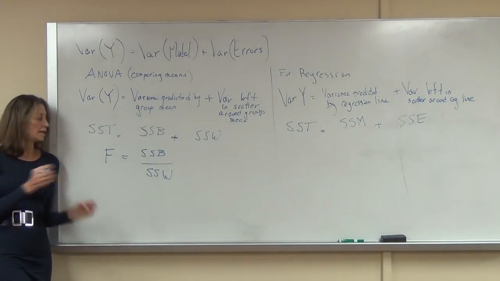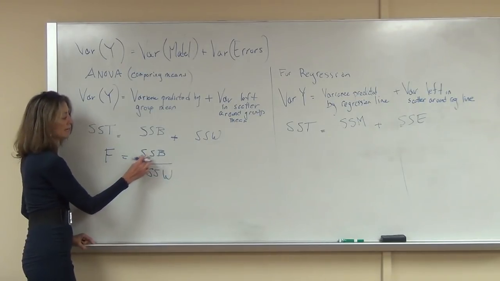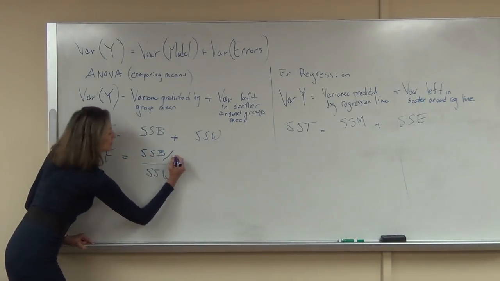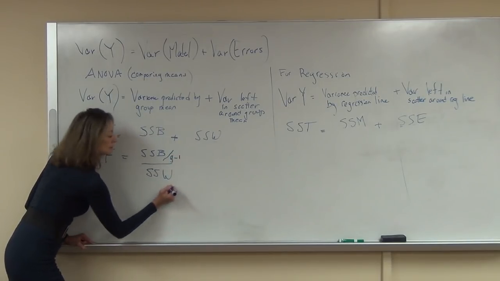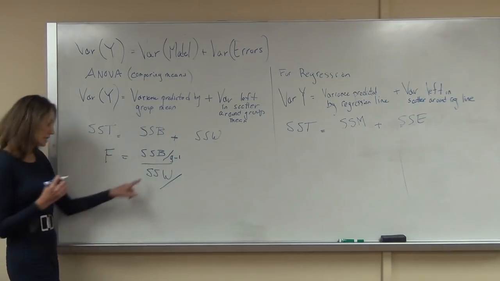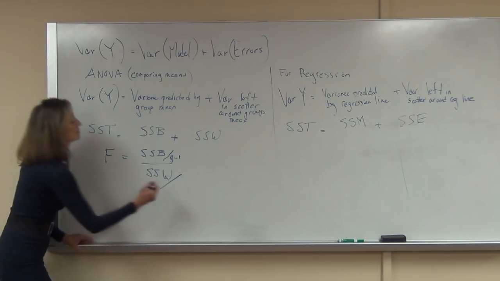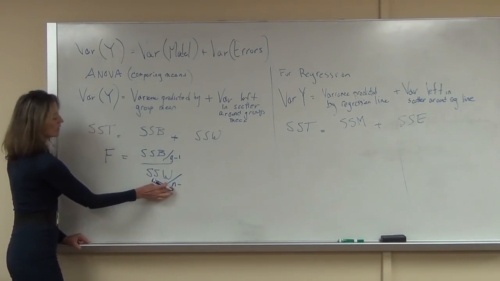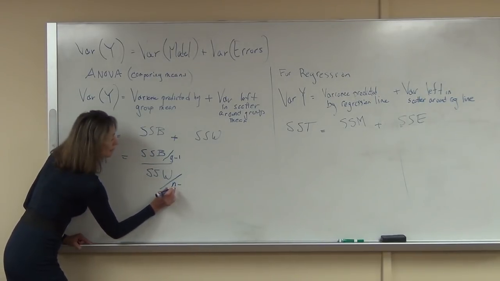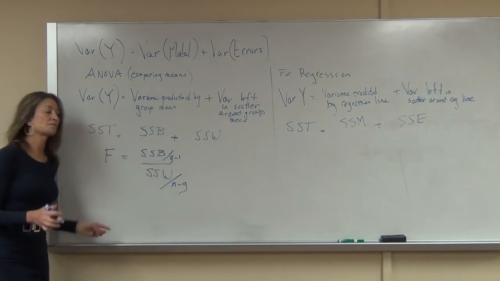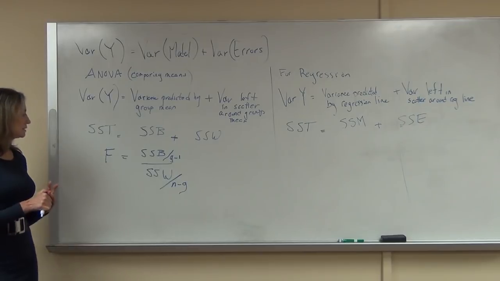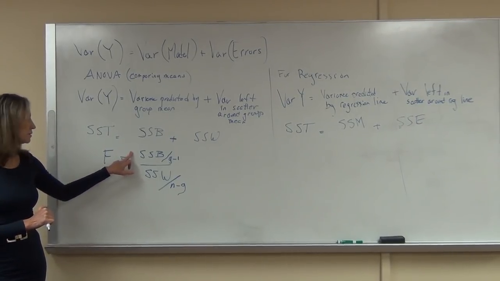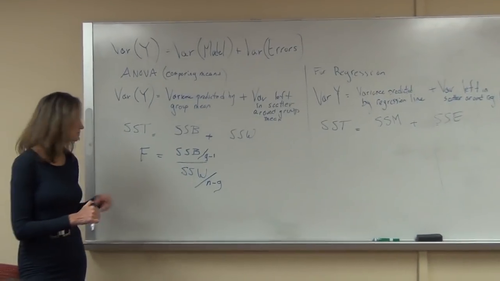So it's SSB divided by its degrees of freedom, which is the number of groups minus 1, and SSW divided by its degrees of freedom, which is n, the total number of observations, minus the number of groups. Another way of looking at it, people call it the mean square between over mean square within.